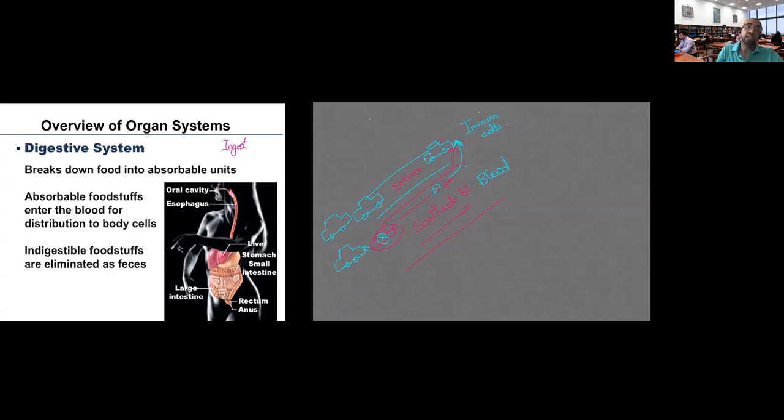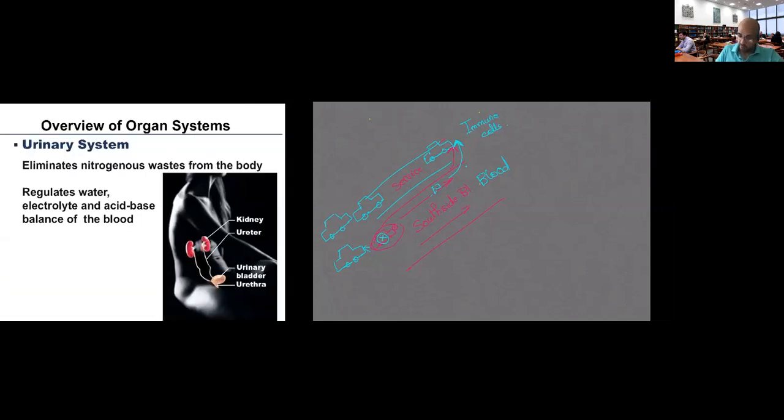What happens to the remaining part of the food that I've ingested that will not be broken down, that will not be absorbed? I will get rid of it, and this is going to be the last function of the digestive system, which is defecation.